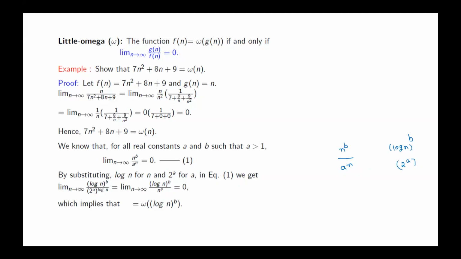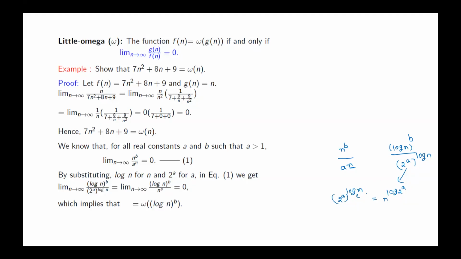Again here n is there. I was thinking only n, but it is log n. Then what do we get? It is same as 2 power a log n. Only confusion is here. 2 power a log n, we can interchange: log n 2 power a, which is n power log 2 power a. Log base e, we take base as e.